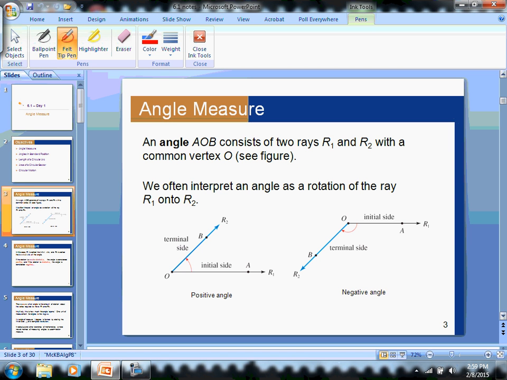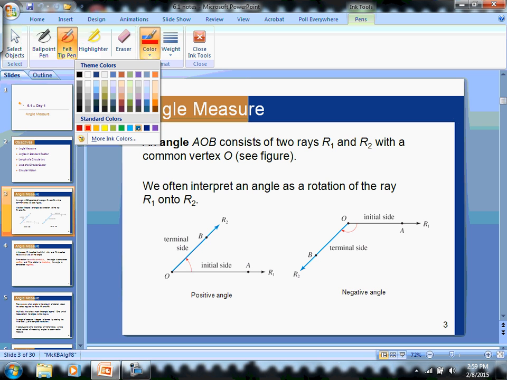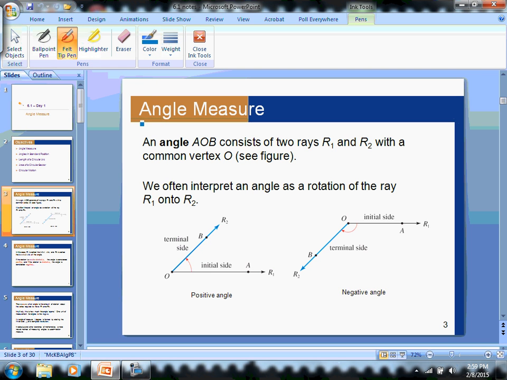Now, a lot of this stuff is somewhat similar to what we've been talking about in the previous chapter, chapter 5, and some of it has to deal with geometry, so this is a little bit of review of both of those. Here we have an angle, angle AOB, and as you know, most angles are formed by two rays, and they're going to have an internal angle.